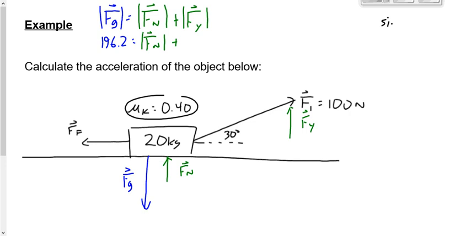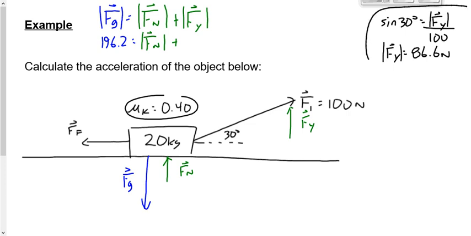Let's say sine 30 degrees is equal to opposite, which is Fy, over the hypotenuse, which is 100. Fy is equal to 86.6 newtons. All right.